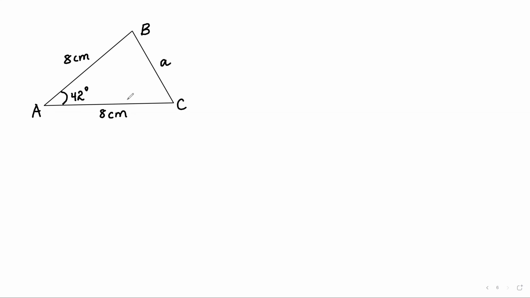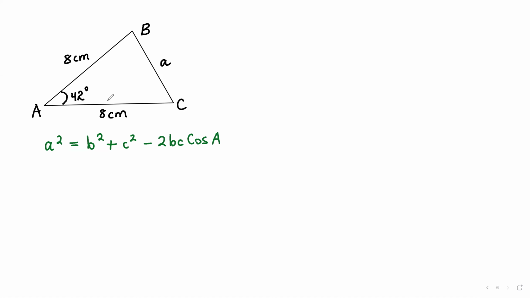All right. Using the cosine rule to find side A, because we need to find A, we'll have to use the rule that starts with A as a subject. So that would be A squared is equal to B squared plus C squared minus 2BC cos of angle A. And now we simply substitute our values into the formula.